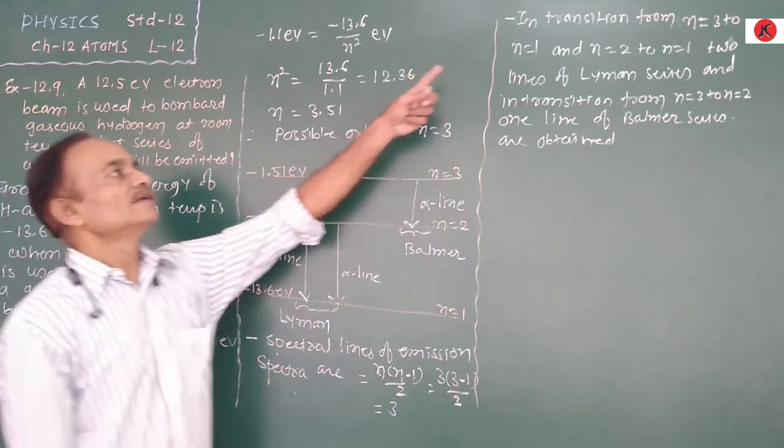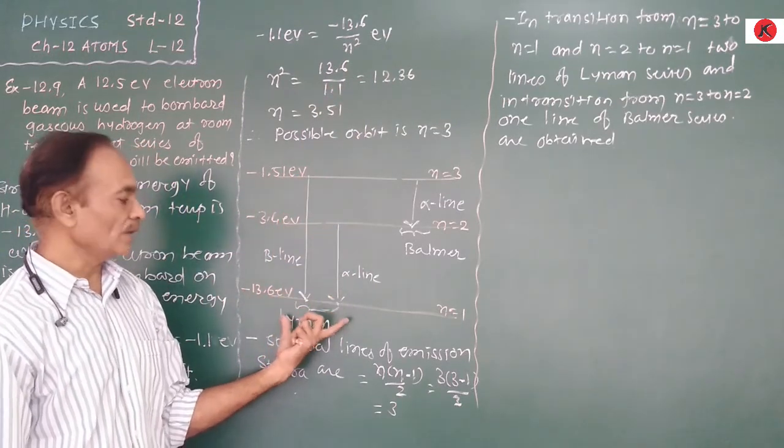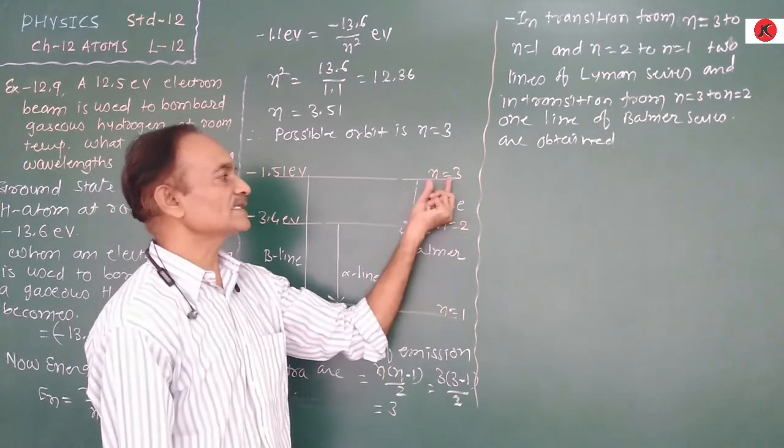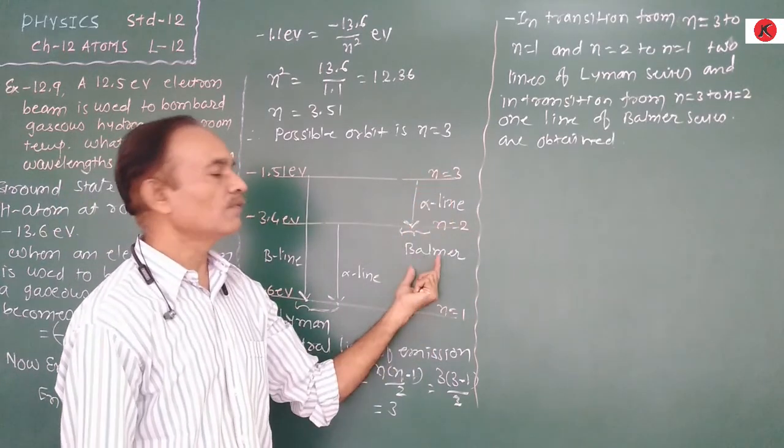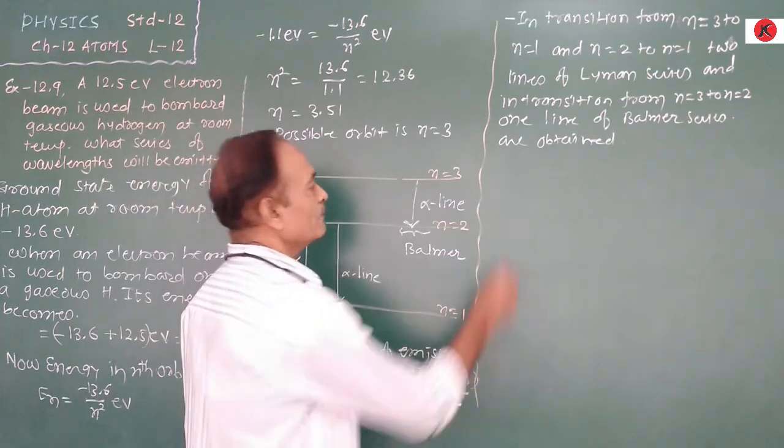So the transitions from n equal to 3 to 1 and 2 to 1 give two lines of the Lyman series, and the transition of electron from 3 to 2 gives one line of the Balmer series.